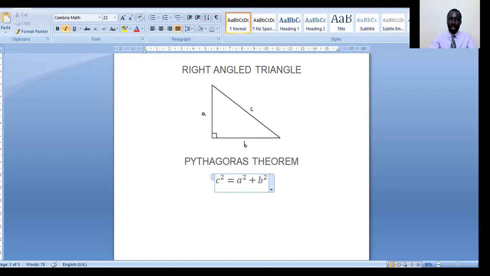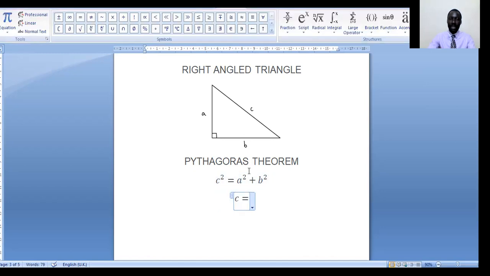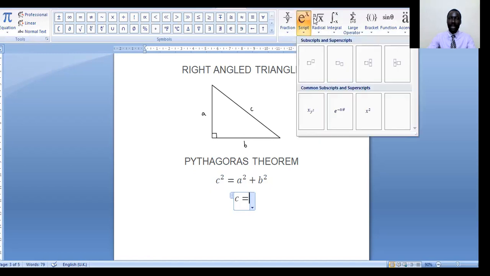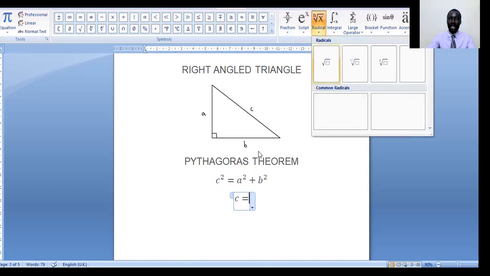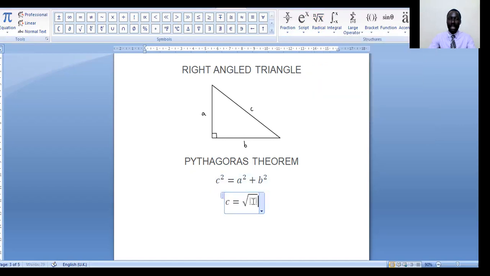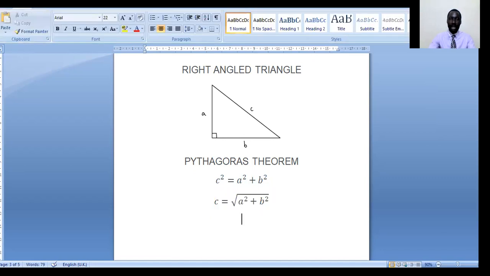We want to find the value of C. To find the value of C, we must get the square root of the quantity on the right-hand side. So we get the square root of A squared plus B squared, and that is how we find the value of C. But Pythagoras theorem is this, right up here.